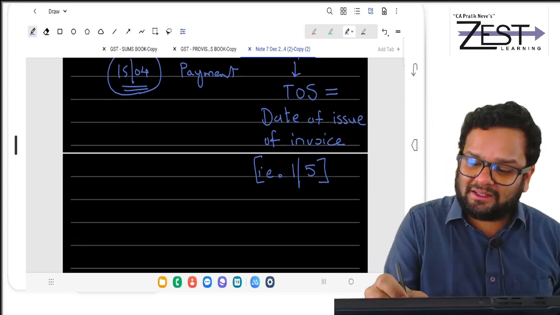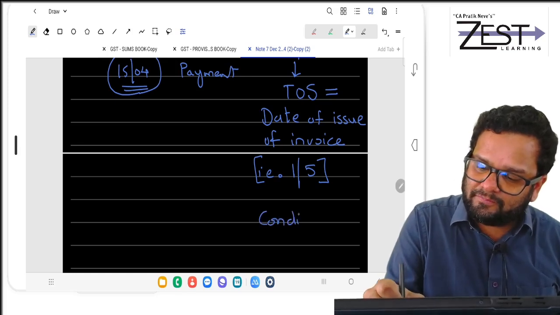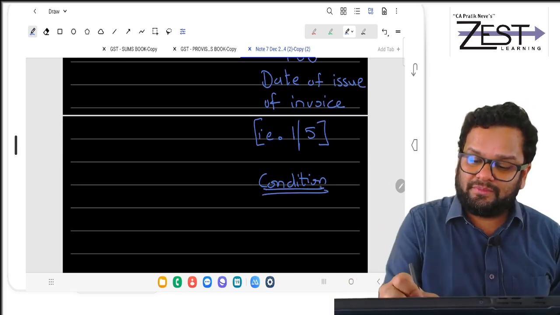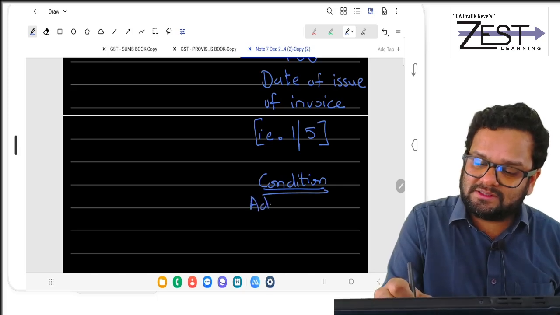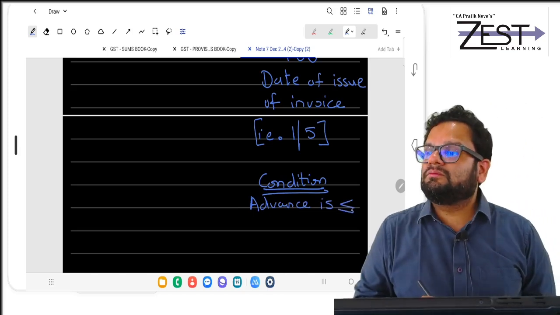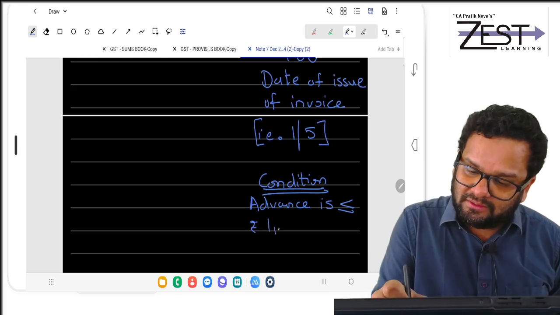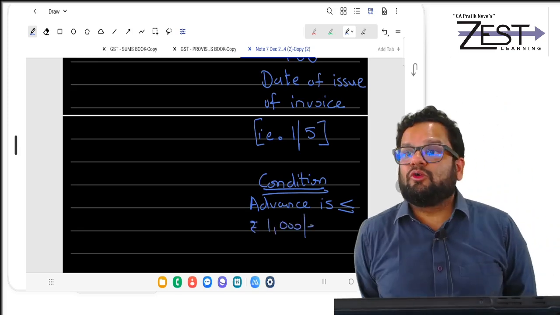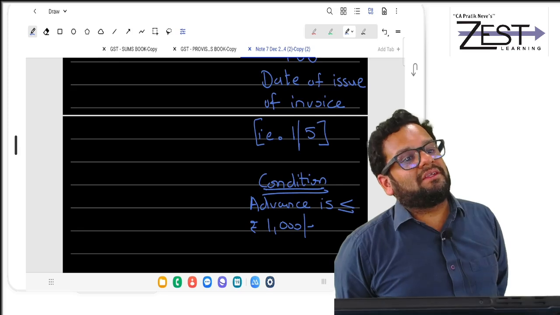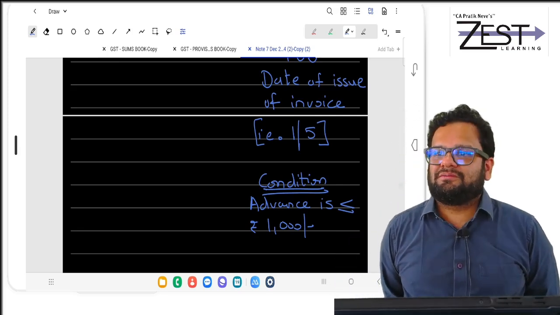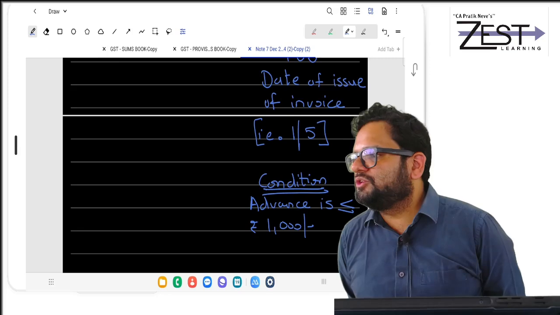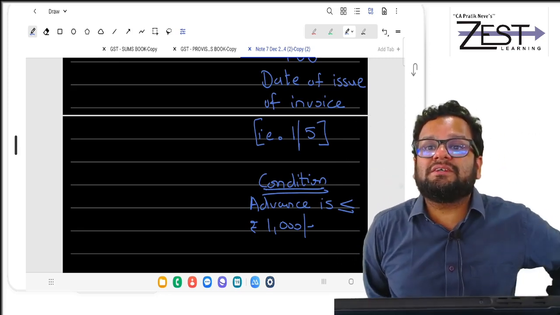But the condition is, when will this proviso apply? This proviso will apply if advance is less than or equal to how much? Makes sense? If I got a bill of 2890 but I paid 5000, then government says don't follow proviso. Proviso is possible only if advance is small.